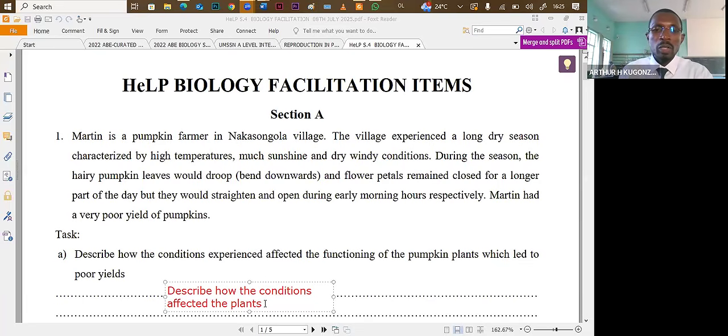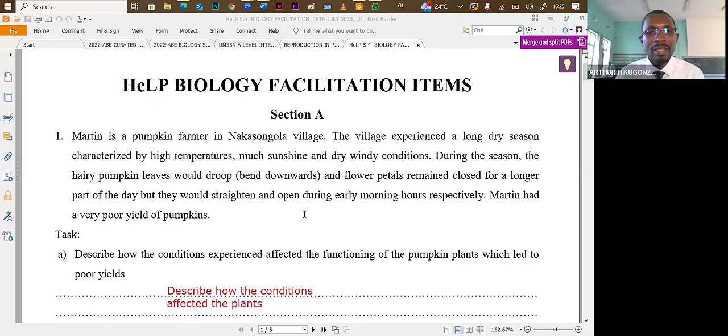So where am I going to get this information from? Where am I going to get it from? In this task, they have, in the scenario, given us some information about how the plants behaved.